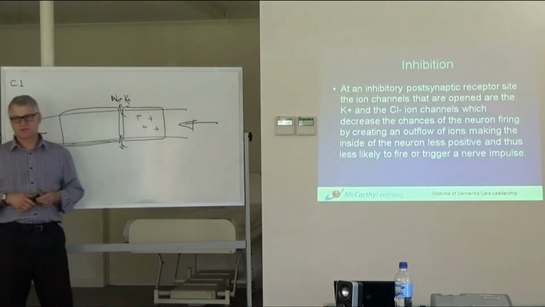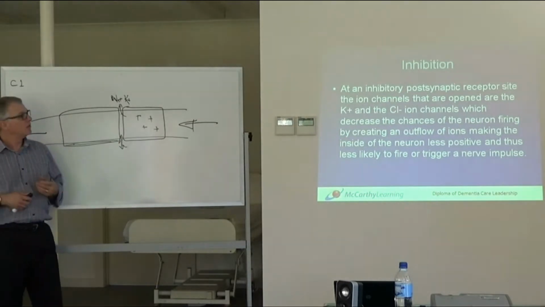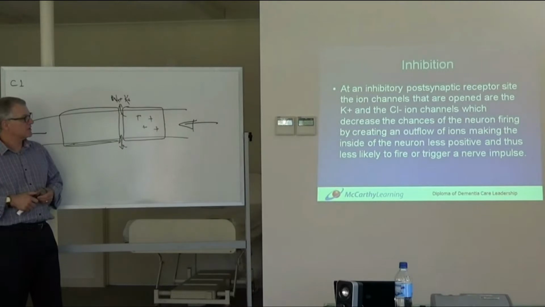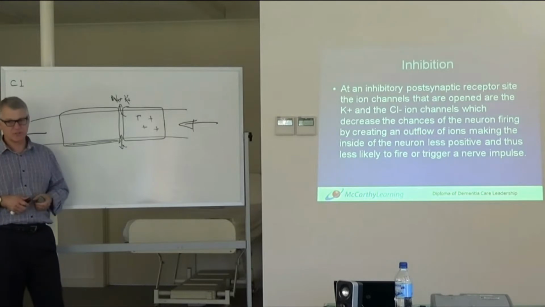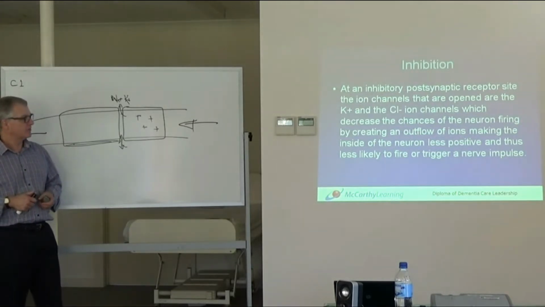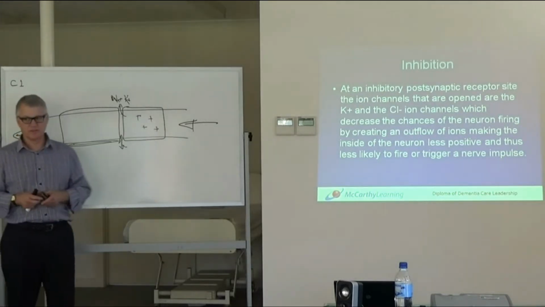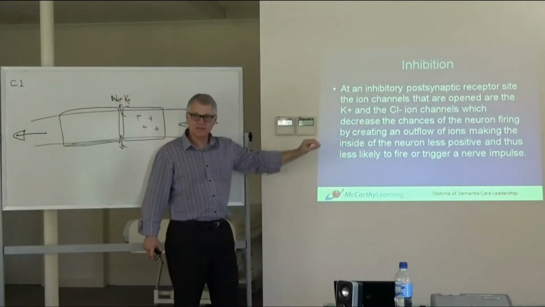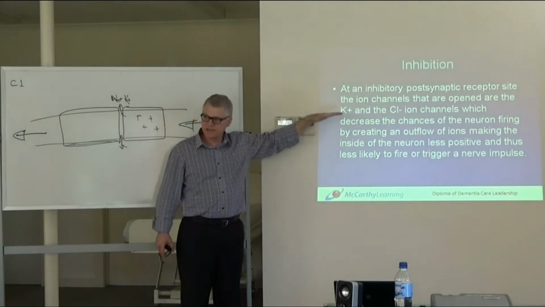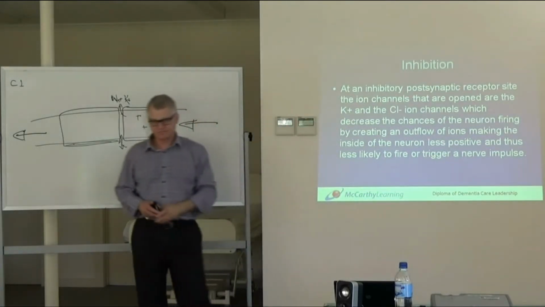Inhibition occurs, as you might expect, when the ion channels opened to the potassium and the chloride decrease the chances of the neuron firing by creating an outflow of ions, making the inside of the neuron less positive and therefore less likely to fire or trigger a nerve impulse. If you remember that peak, it's even further away from the threshold. It takes it down into negative territory.